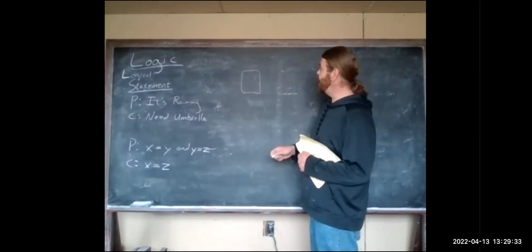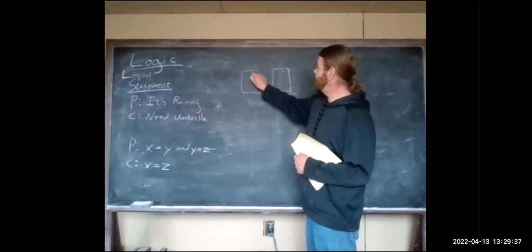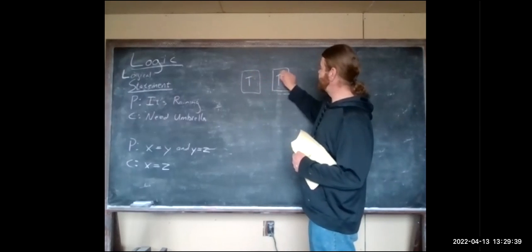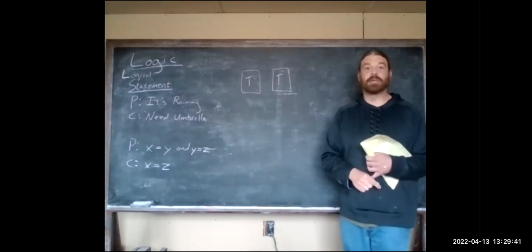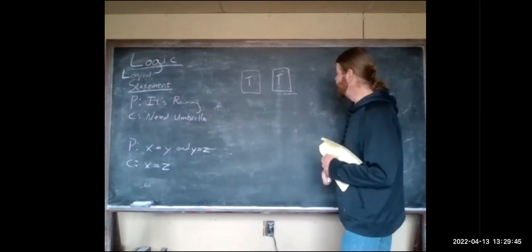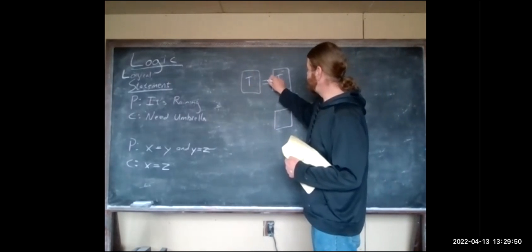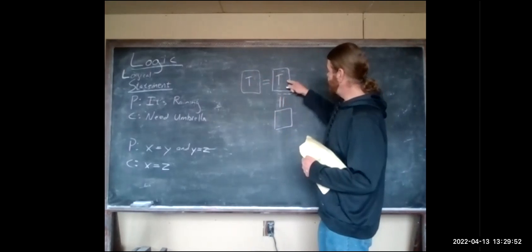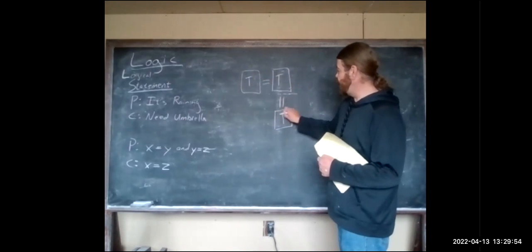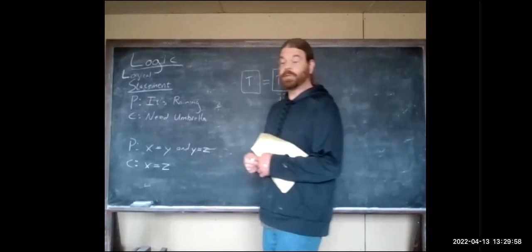If we have three objects, and two objects happen to be at the same temperature, maybe they're both settled into room temperature, and the third object is at that same temperature as one of them, then we know these two objects are at the same temperature.